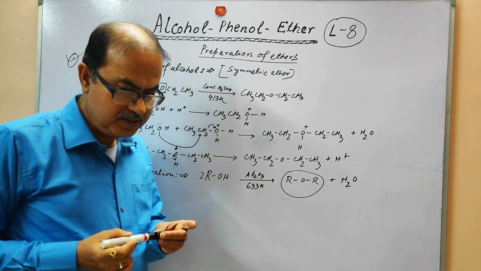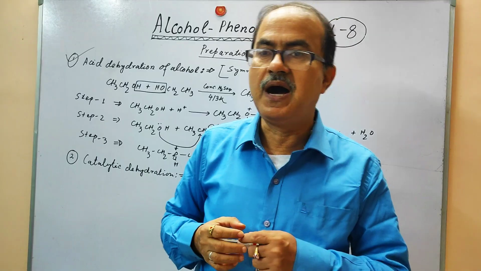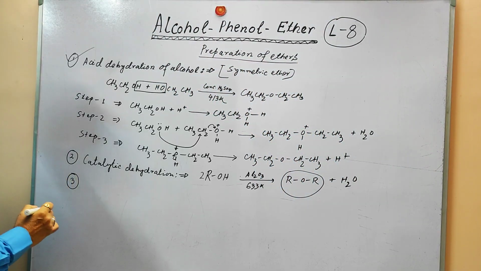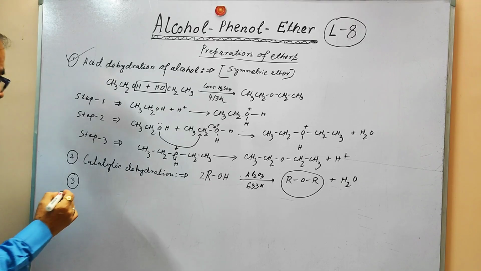Now we are going to discuss how we can produce the unsymmetric ether. In the third reaction, in this way you can produce the unsymmetric ether.